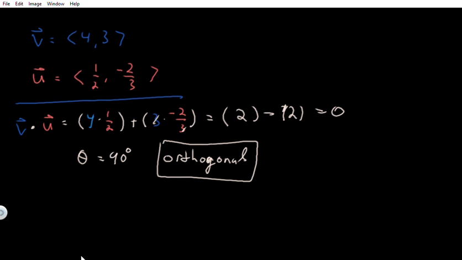So let's do one more. Let's say I give you two vectors.